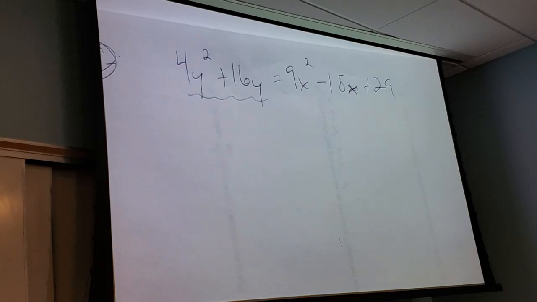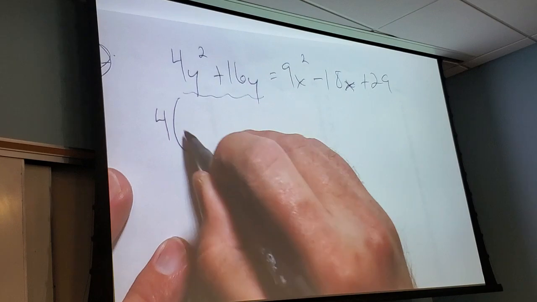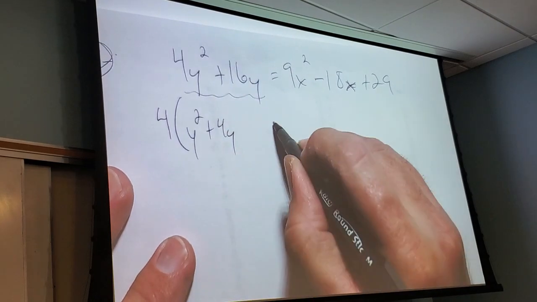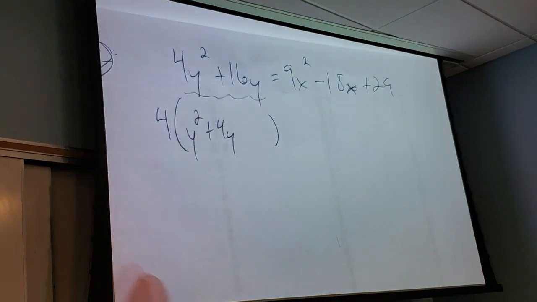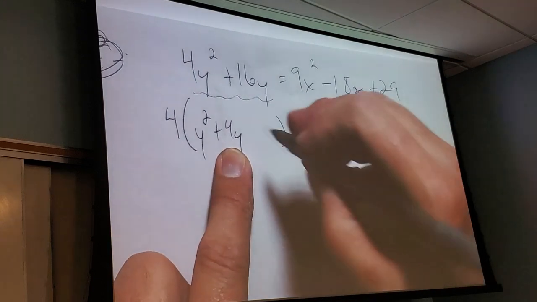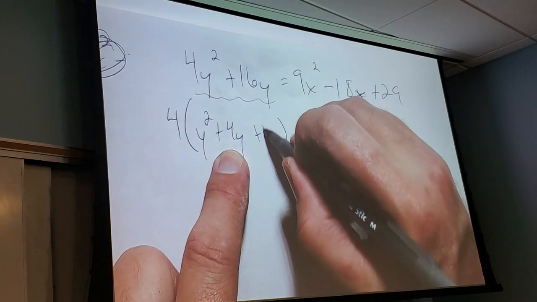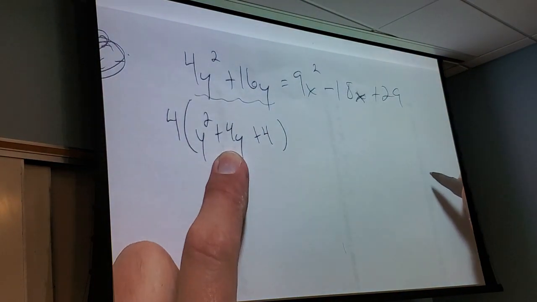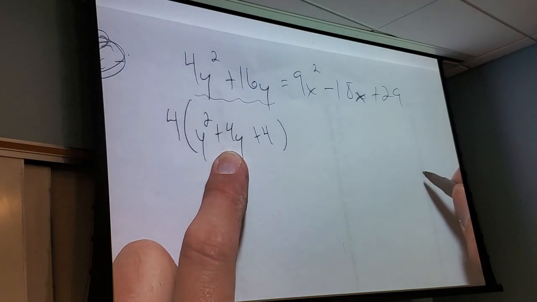So I have to factor a 4 out. I'm leaving some room at the end. Now I do what you said, Christian. Half of 4 is 2 squared. I'm going to add 4. Right, what did I actually just add?